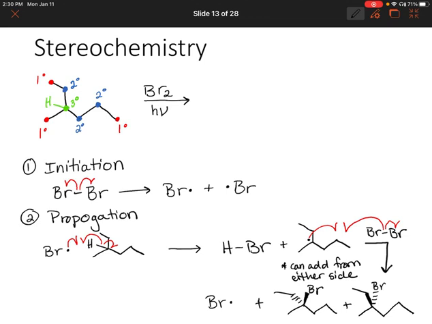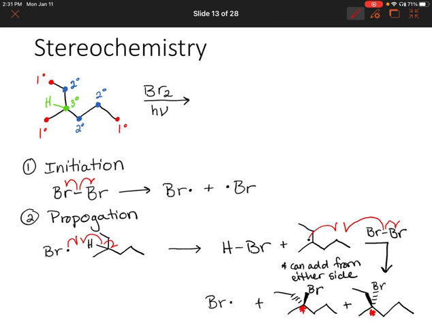So what is the relationship between these two products that we drew? Are they identical? Are they constitutional isomers, enantiomers, or diastereomers? So there's only one stereocenter here. So they can't be diastereomers because diastereomers have two or more stereocenters.